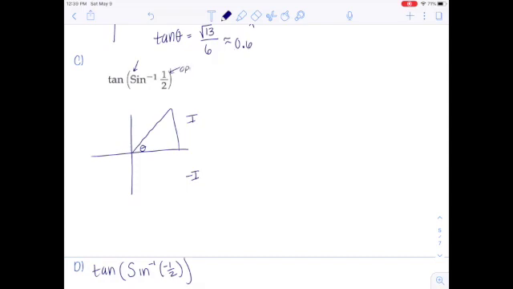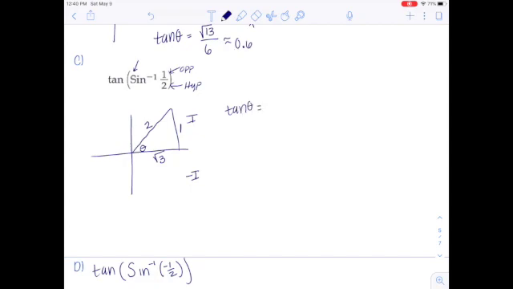So sine is opposite over hypotenuse. I'll label my opposite side as 1, my hypotenuse is 2. We can solve for your adjacent side using Pythagorean theorem, or you might even just recognize that it's square root of 3.